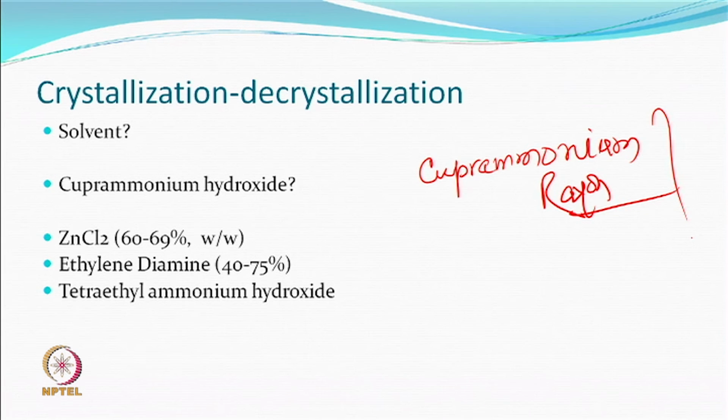Tetraethyl ammonium hydroxide, TEA, is also a good solvent, and they are not as delicate as cuprammonium hydroxide, and they have also been tried to do the texturing. Now, in this case you are dependent only on a solvency property and not introduction of thermoplasticity.